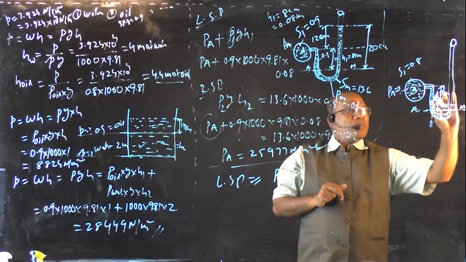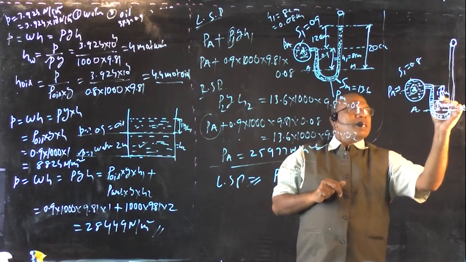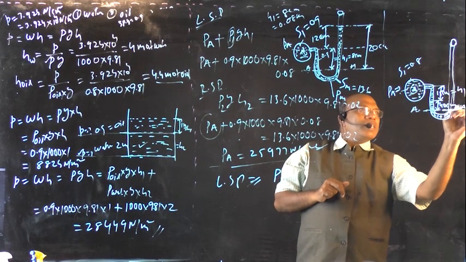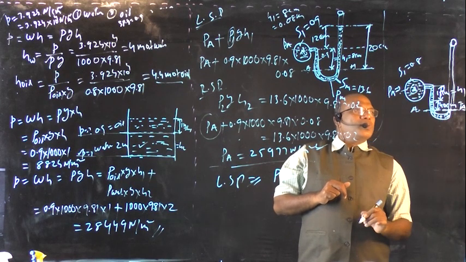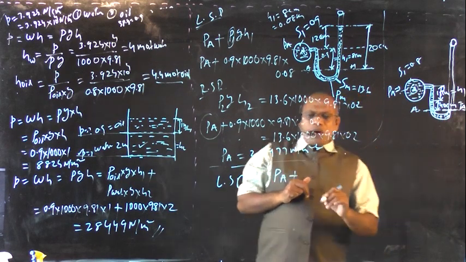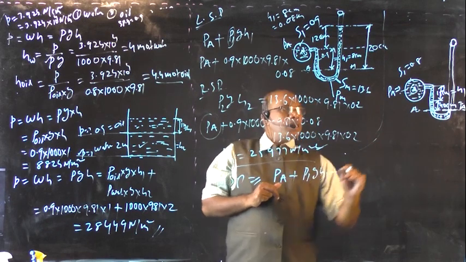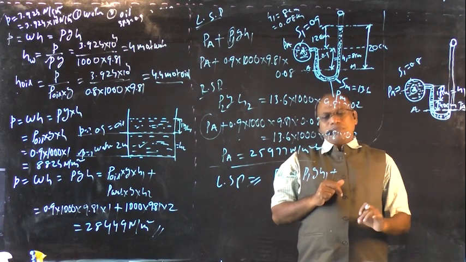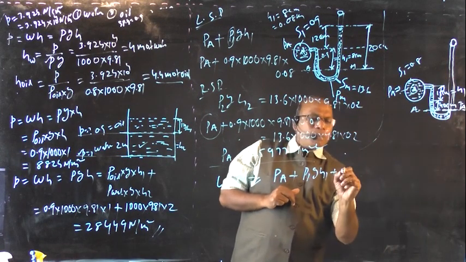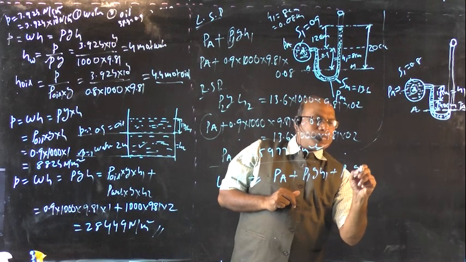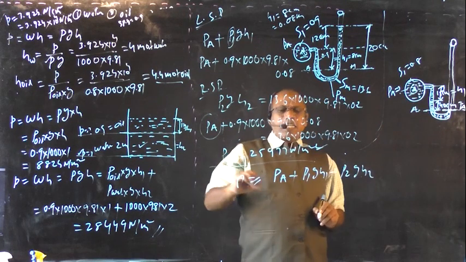Because of this column also we have one more pressure. Say this is equal to H1, and this is equal to H2. Now pressure is rho 1 g H1 because of this column, and because of this column rho 2 g H2. These are the left side pressures.